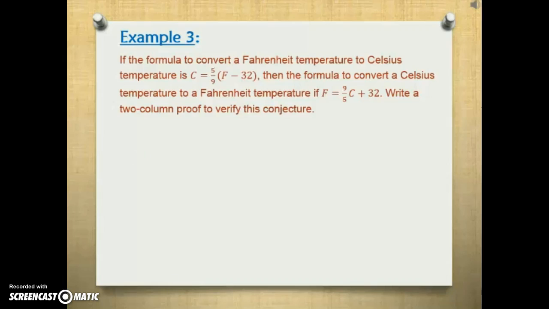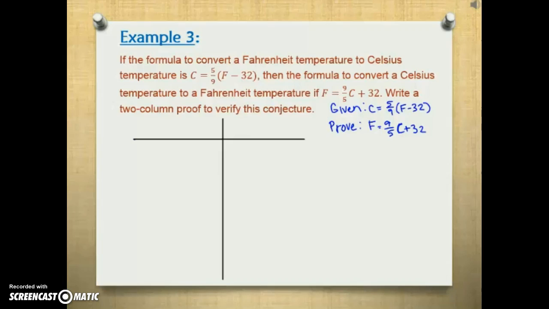For a 2-column proof, we're still going to write our given and our proof. On the left side, we write our statements, and on the right side, we have to justify and give our reason.